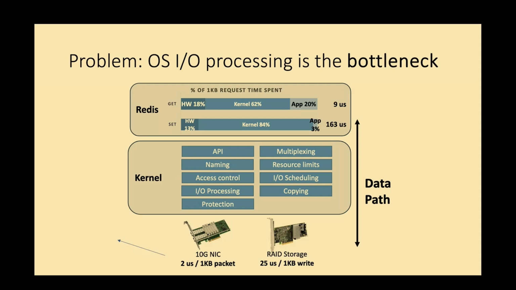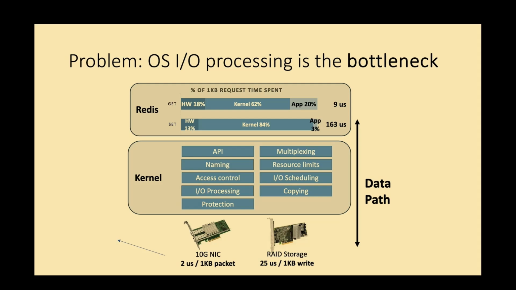There is the GET, which is when I want to read something from the Redis key value store, or there's a SET, which is when I want to store something to the Redis key value store. In both cases, we figured out that the kernel is actually taking most of the time handling these I/O requests. That means for each request, you're spending almost all your time just inside the OS kernel, going through your I/O stack.